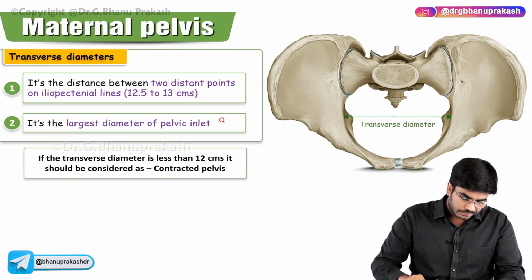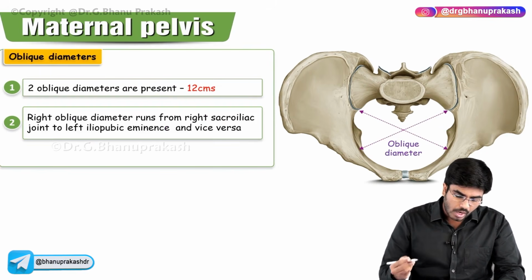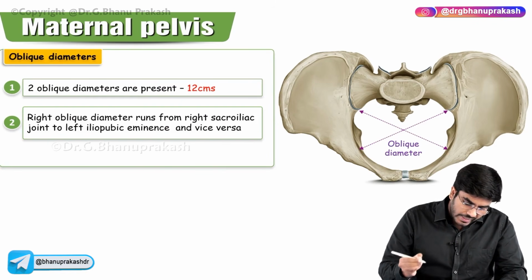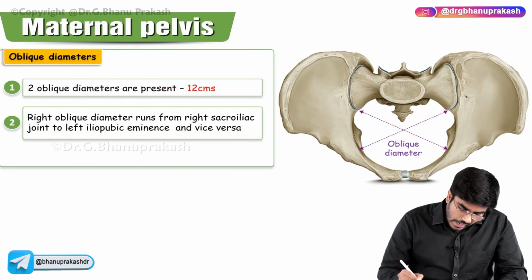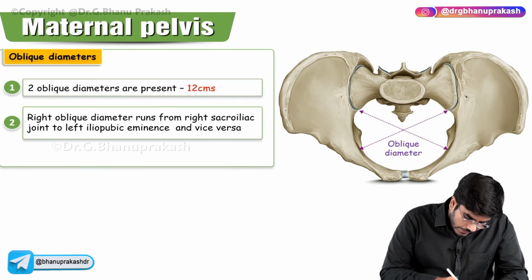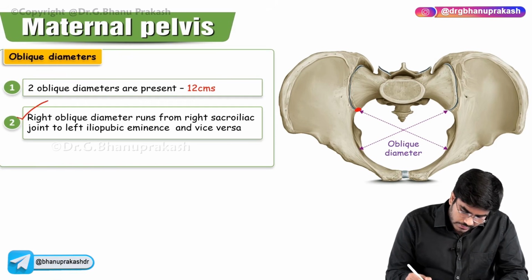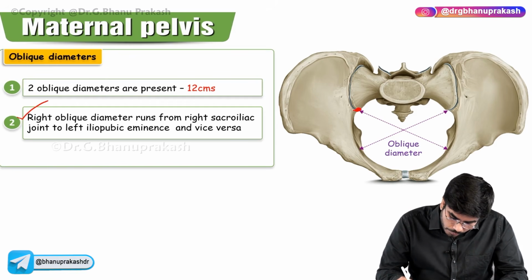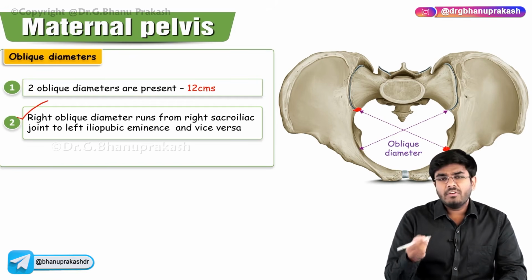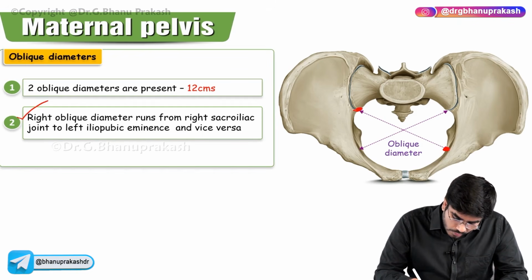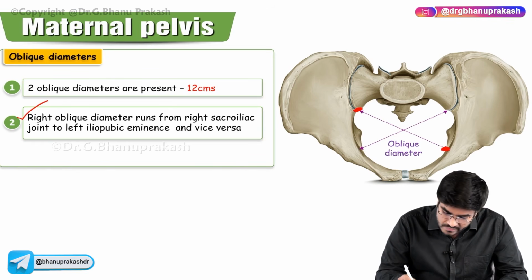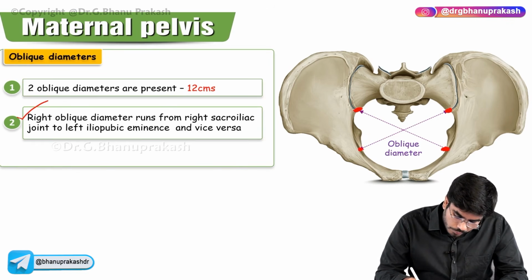Now let's talk about the oblique diameters. Guys, oblique diameters means, for example, the right oblique diameter runs from the right sacroiliac joint to the left iliopubic eminence, and vice versa. So right sacroiliac joint to the left iliopubic eminence. In the same way, left sacroiliac joint to right iliopubic eminence.